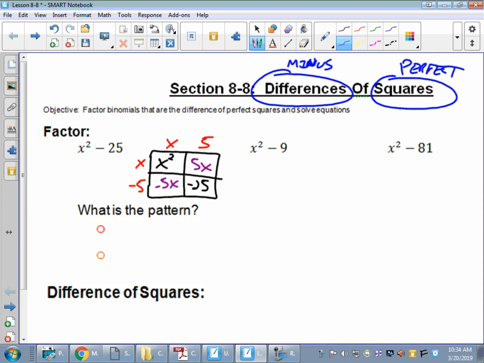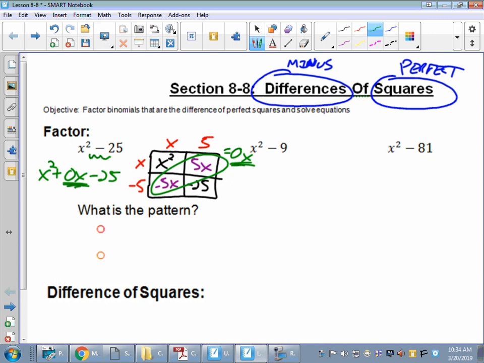And when we add those up, we end up getting a 0x, which is what we want. Because what's missing here is the middle term. If you were to write this out with a b term, it'd be x squared plus 0x minus 25. So that is what we want, this 0x, and that's what we get when you have plus 5 and minus 5.